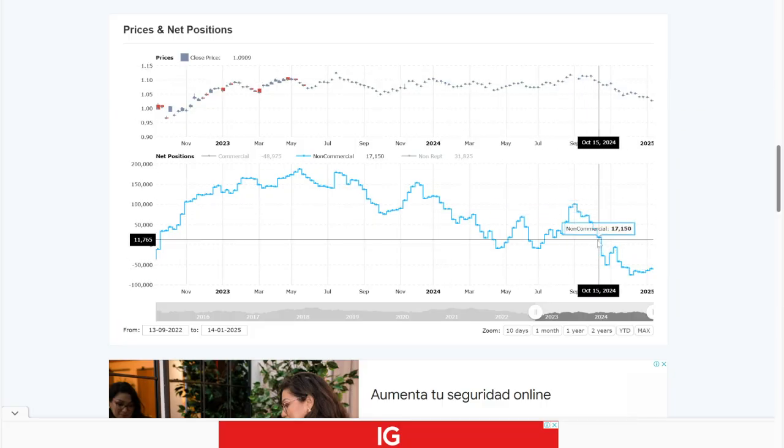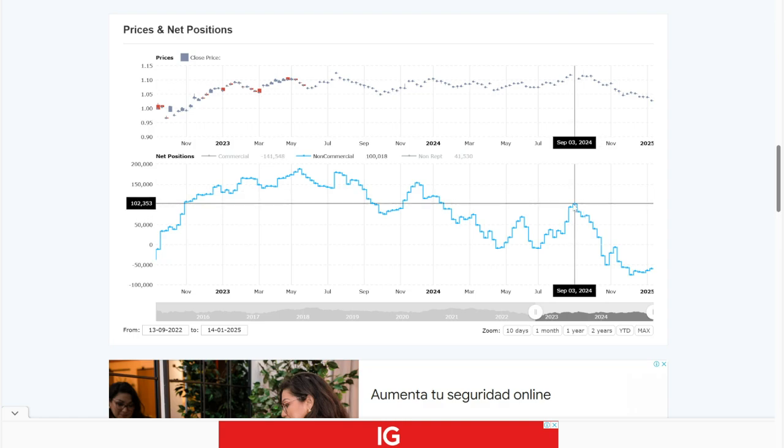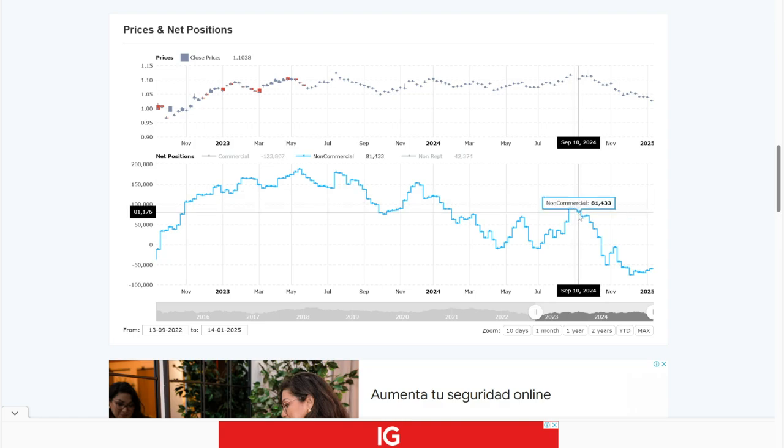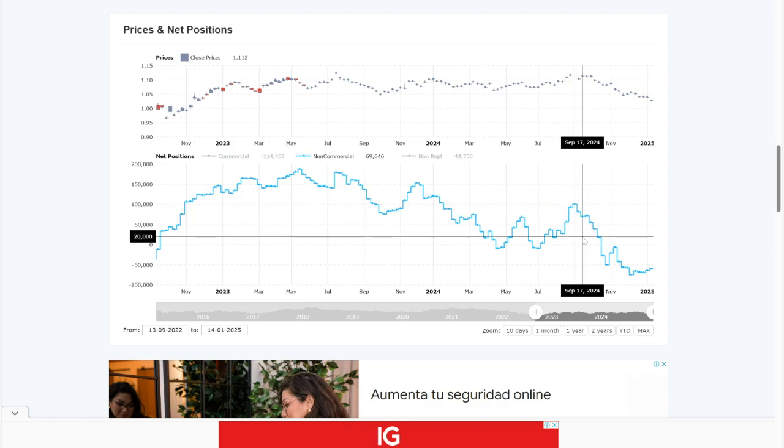Watching this chart, these are the big traders. Okay? Asset managers, leveraged money, they are coming inside a position not to have a look around. They are coming inside a position to get money, to extract money out of the trend because they are speculators.